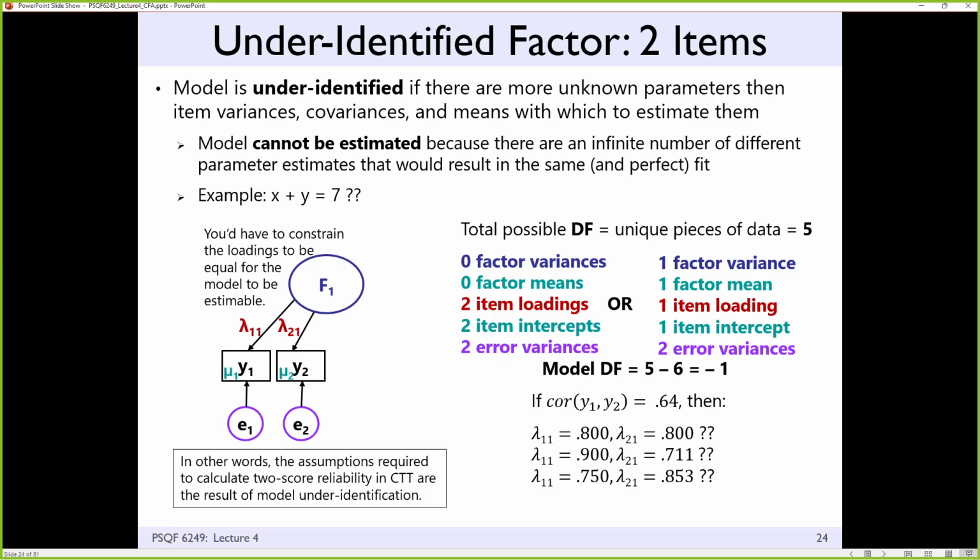Not a coincidence. Because if you look at the different ways of identifying the model, if these loadings are equal, I could either force them to be the same estimated number and say the factor variance is 1. Or, because they have to be equal, I fix them both to 1 and let the factor variance be estimated.